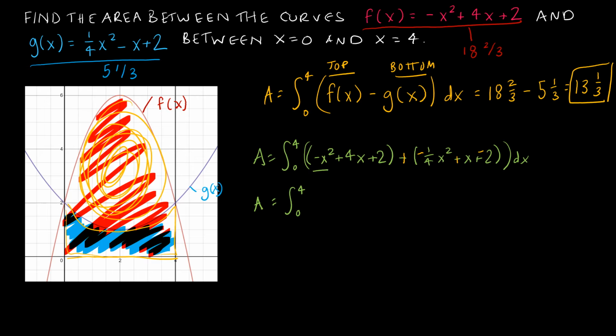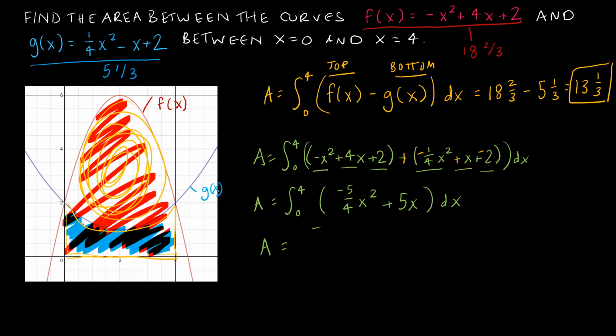So I'm going to combine negative x squared and negative 1/4 x squared to get negative 5/4 x squared. I have positive 4x and positive x, which gives me positive 5x, and I have plus 2 and minus 2, which gives me 0. So now that I have this expression, now I can integrate.